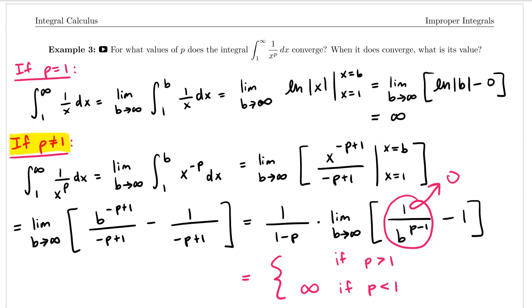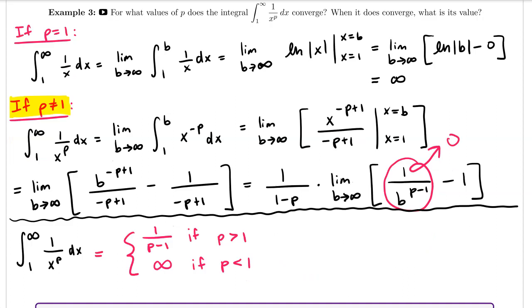And so then I'm going to have 0 minus 1 times 1 over 1 minus p. And if I distribute that negative 1 into the denominator, that's going to be the same as 1 over p minus 1. So those are our two cases, and let's combine this and put this in a condensed manner now.